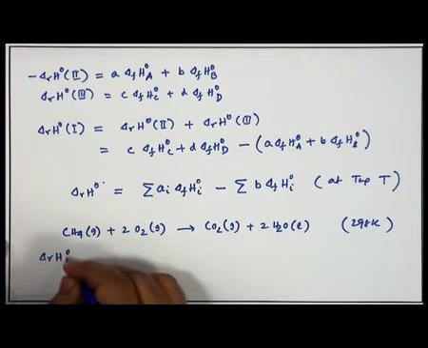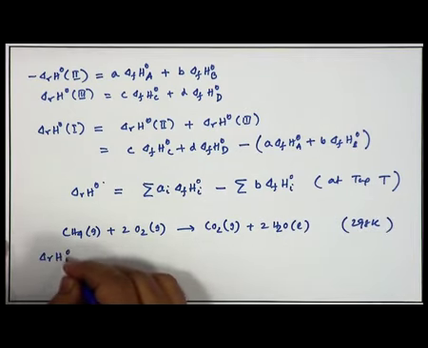Now, oxygen is the reference state at 298. So, for this term the enthalpy of formation would be 0. So, if you know these values, then we will be able to find out the reaction enthalpy of this particular reaction. These values are obtained from thermodynamic tables. So, we can get this number.